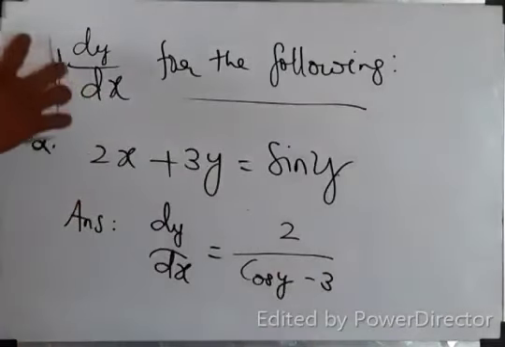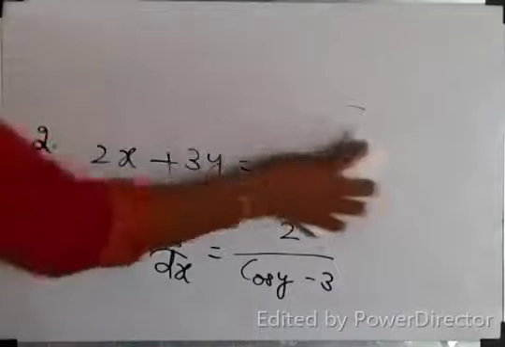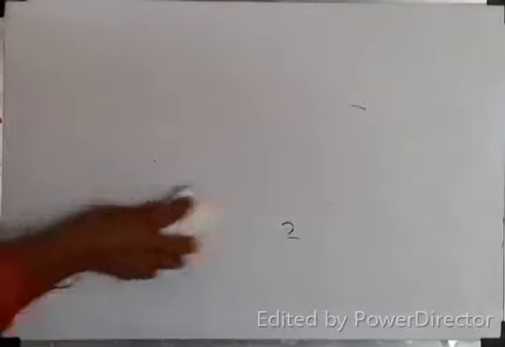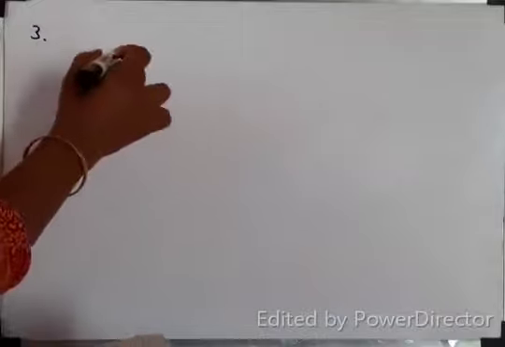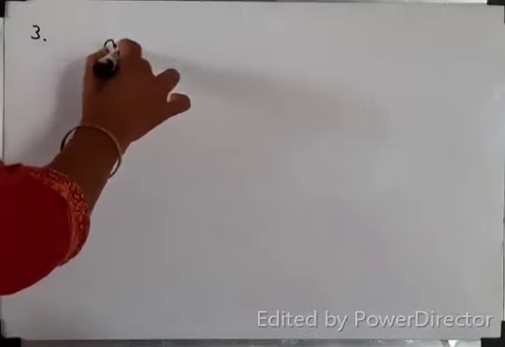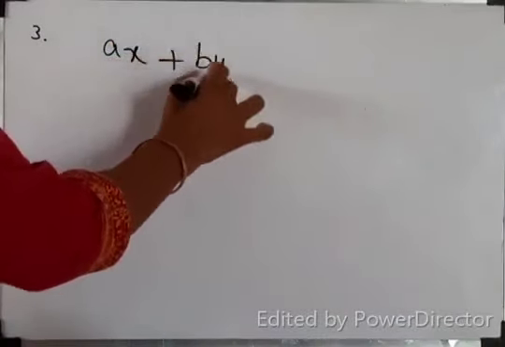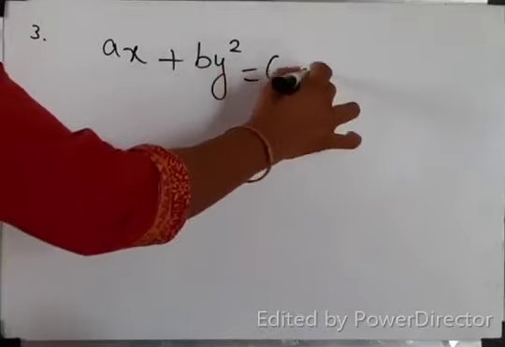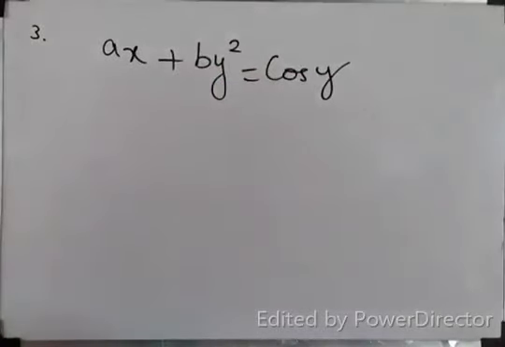Now, question number 3. All are very simple questions. Third sum: ax plus by squared equal to cos y.